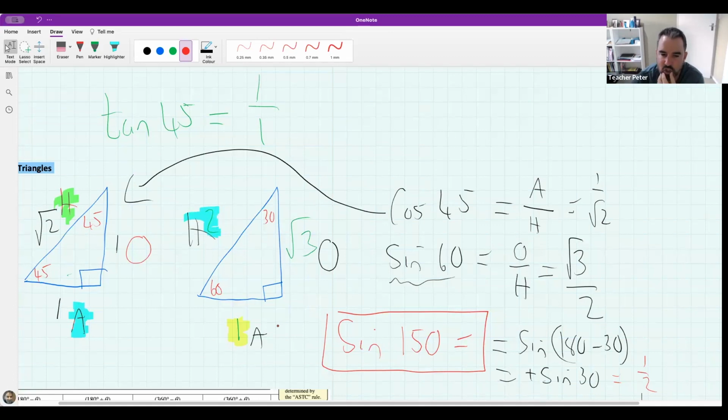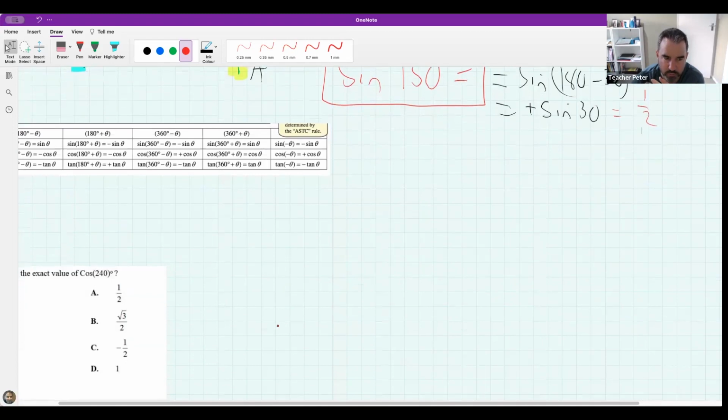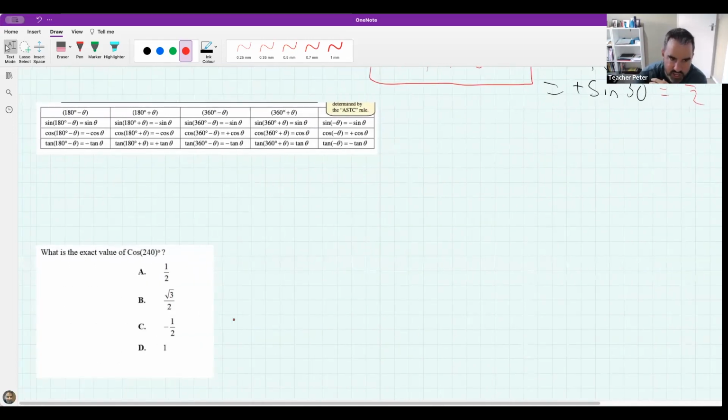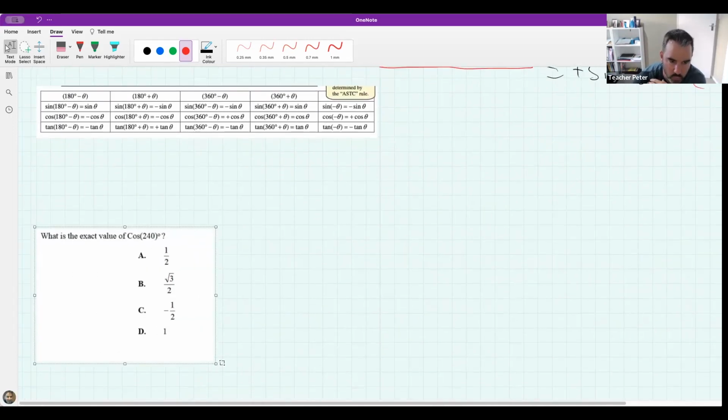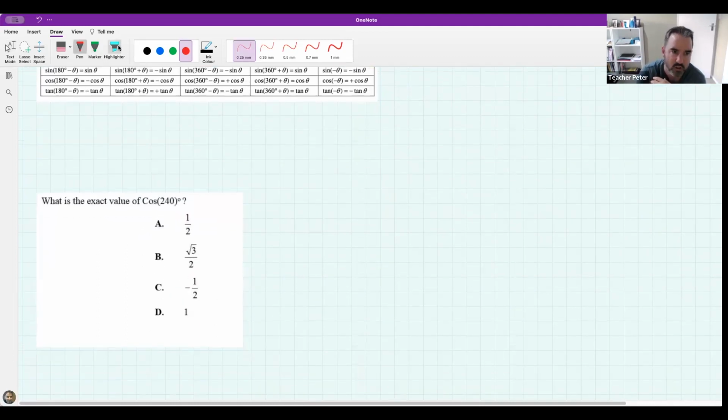Okay, now let me show you. That was just a little example. I want you to take a minute or so and try and work out which of these three you have to evaluate. It says find the exact value of the cos of 240, and then choose which of the four options you think are correct.